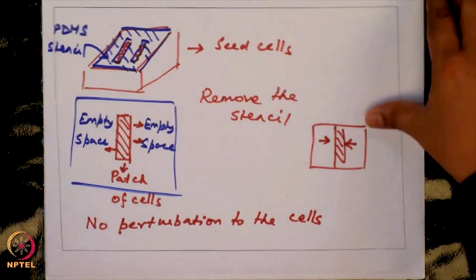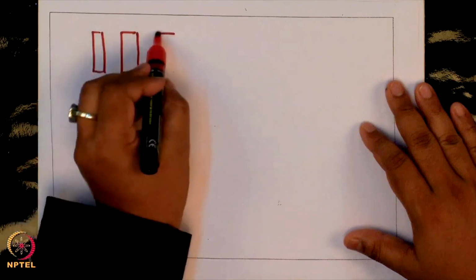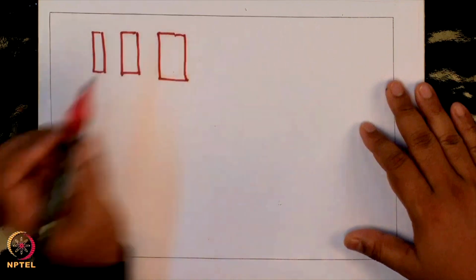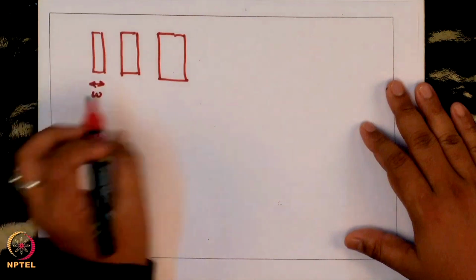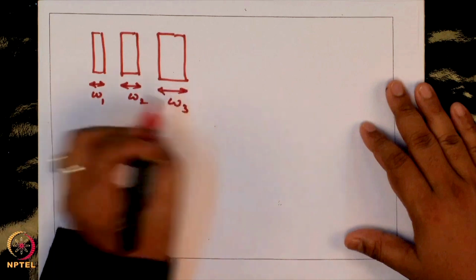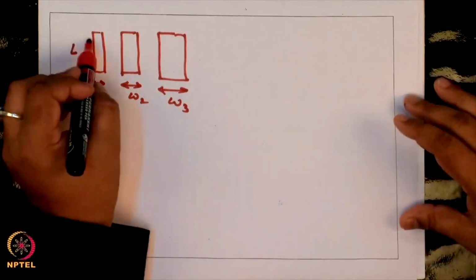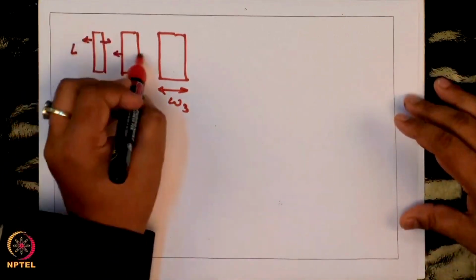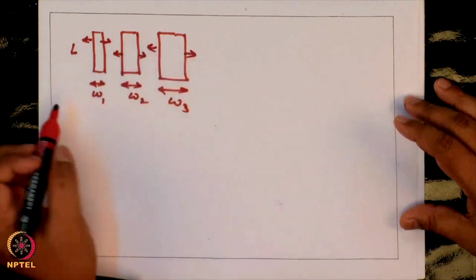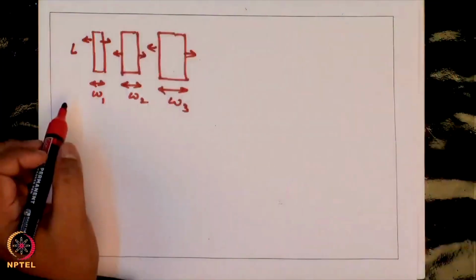So, what the authors did was they first asked that if they made these patterns of various widths, okay, so they varied the width of the pattern keeping the same length, and they asked how did the outward movement of cells from these patterns vary depending on the width of these patterns.